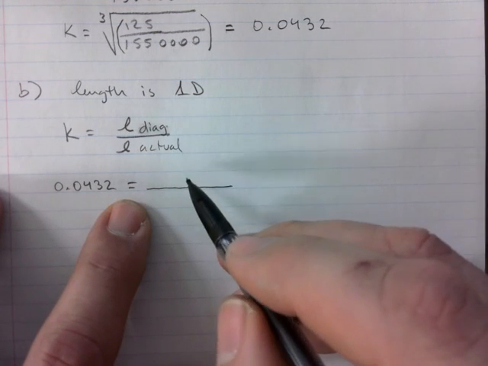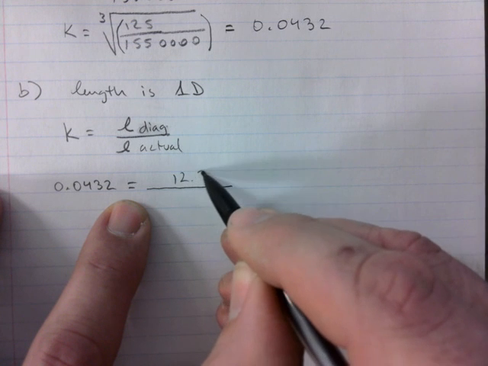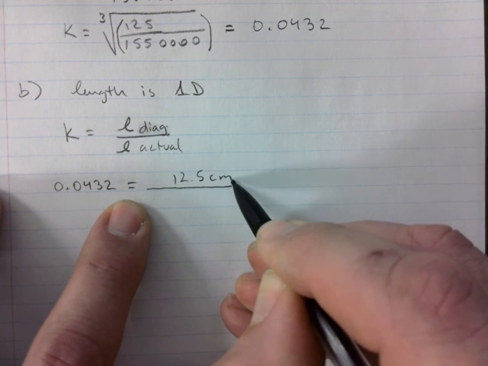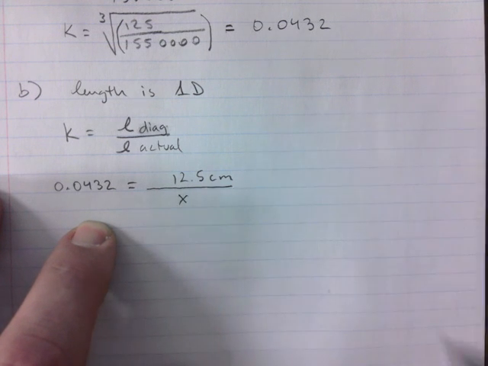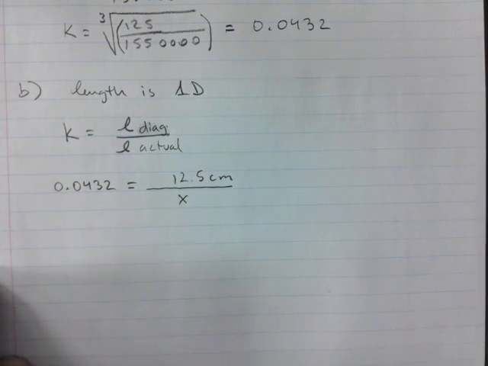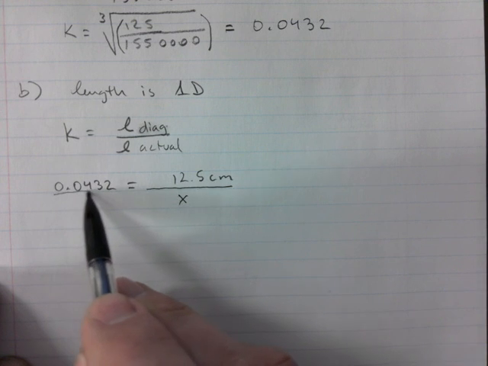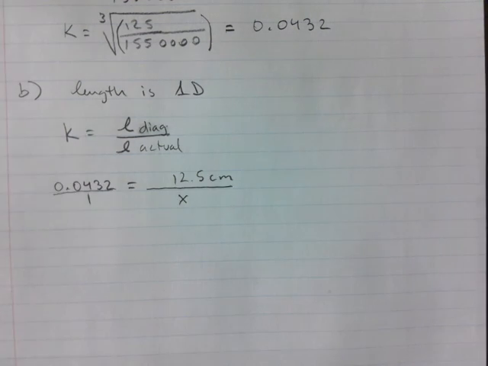So we know the length of the diagram, which is 12.5 centimeters. And we're going to figure out this, which we're going to call x. And remember, if it's a decimal, you just put a 1 under it to turn it into a fraction.